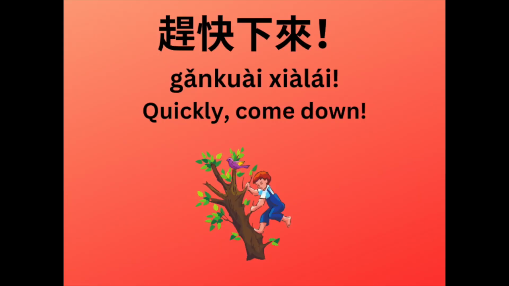So maybe a naughty kid has climbed up a tree and the parent is at the bottom of the tree and is shouting to the kid, 下来, 赶快下来, means quickly, come down. Safely, of course. We don't want any accident. 下来.